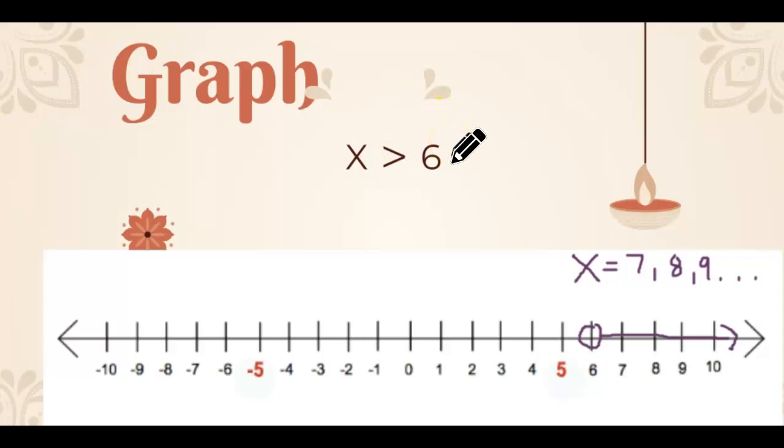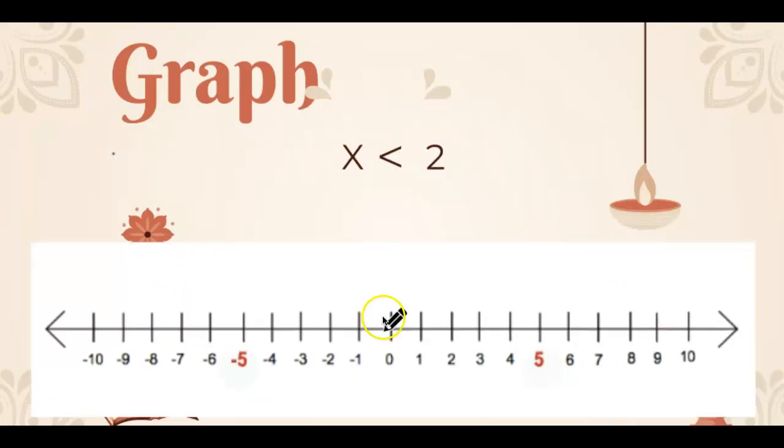Alright, let's look at the next example. In this example, it says X should be less than 2. So we go to 2, and then it says less than, so we go all the way to the side. Have you noticed the arrow? This arrow tells you where to go. So the possible solutions for this inequality, X should be less than 2.